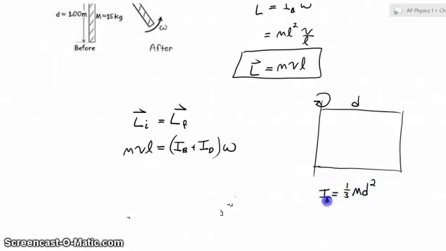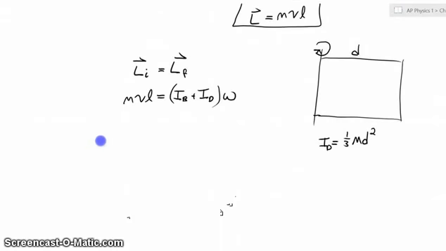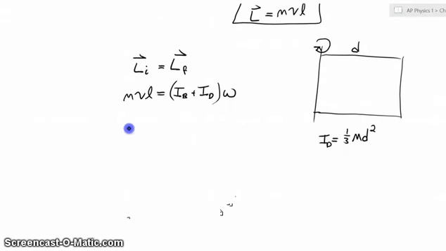So this is the moment of inertia of the door. If we put this all together, we can solve for the final angular velocity. It's going to be equal to mass velocity L over the moment of inertia of the bullet plus the moment of inertia of the door.